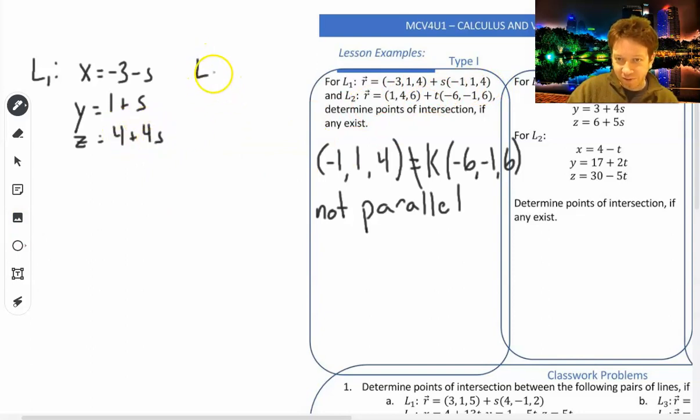We can do the same for line 2. Just write their parametric equations. So x equals 1 minus 6t, y would be 4 minus t, and z would be 6 plus 6t.